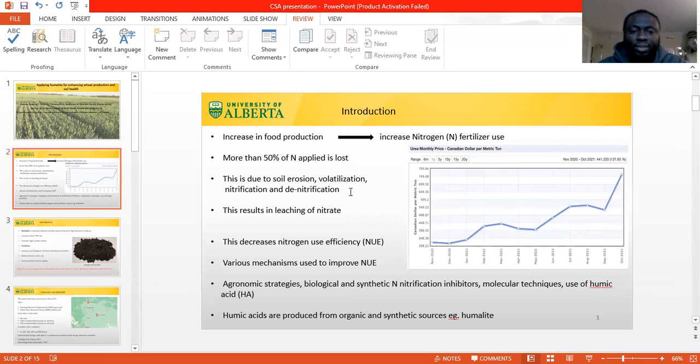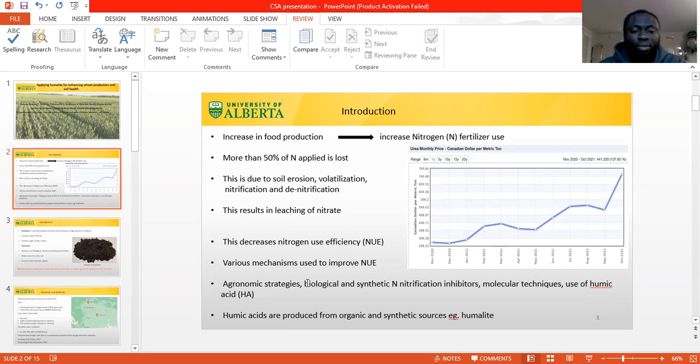So the nitrate leaches into our water bodies to cause eutrophication and also other environmental pollution. So this decreases nitrogen use efficiency, and various mechanisms have been used to improve the situation.